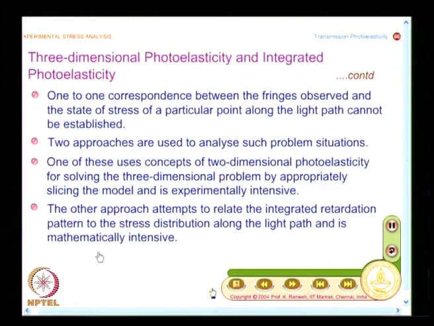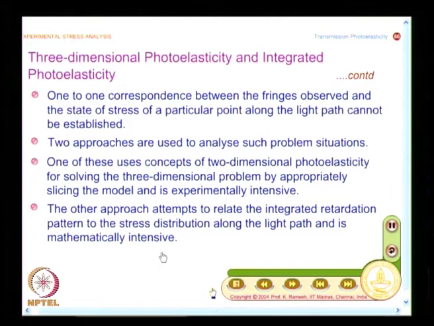That needs to be interpreted because I need to assume a stress distribution and obtain the parameters by mathematically solving the problem.